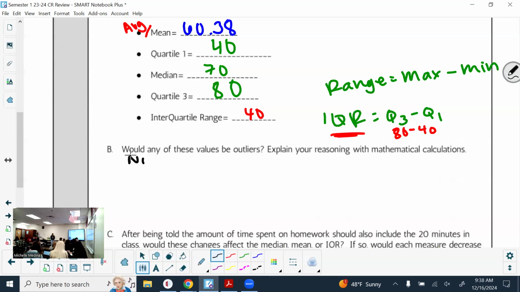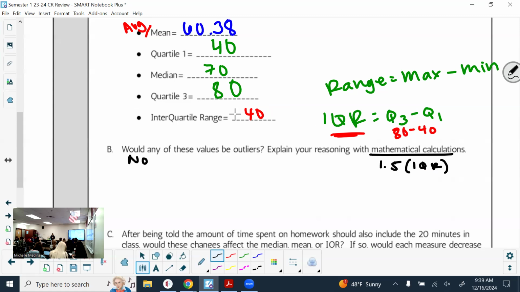But so far we're saying no. With the mathematical calculations, there is a rule that if it is 1.5 times the IQR, either less than or greater than, depending on what number you think is an outlier, if it's smaller than the rest or bigger than the rest, if it's 1.5 times the IQR greater or less than, then it is an outlier.